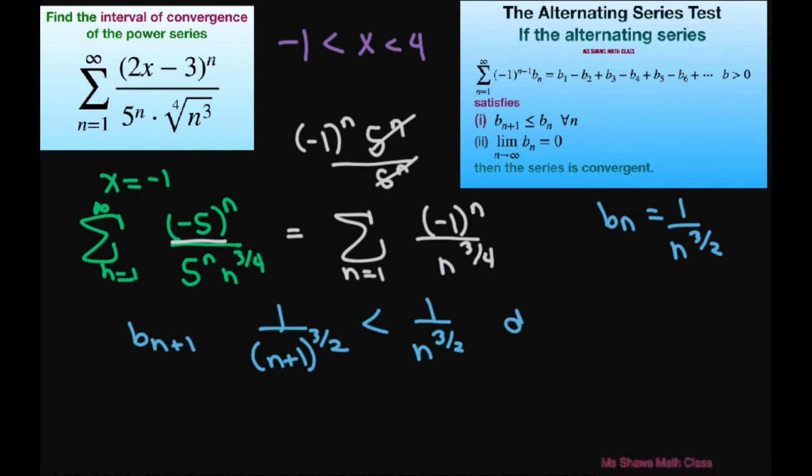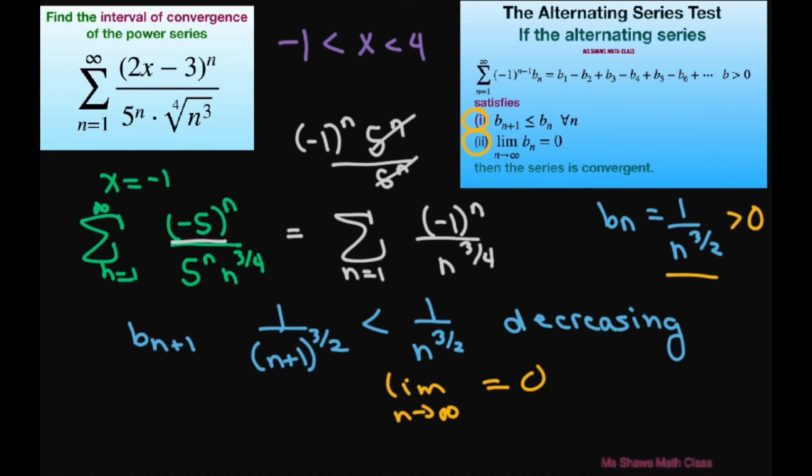So it is decreasing. Also, the limit as n approaches infinity of this is going to equal 0. So it satisfies both condition 1 and condition 2, and it is positive. So it is convergent at x equals negative 1.